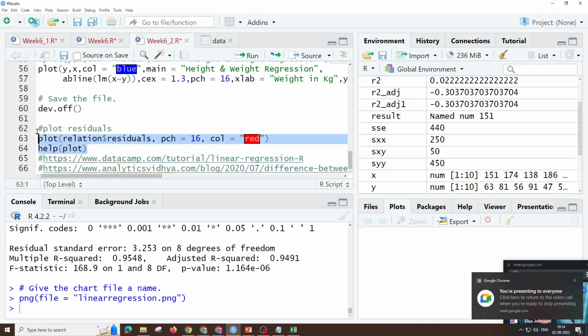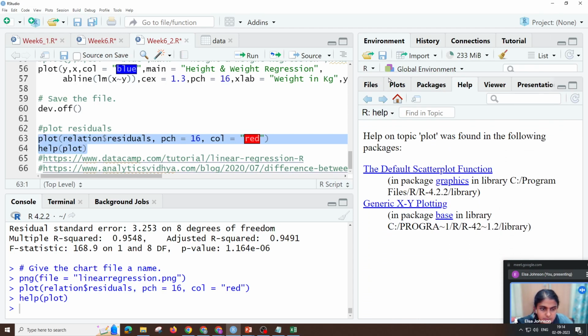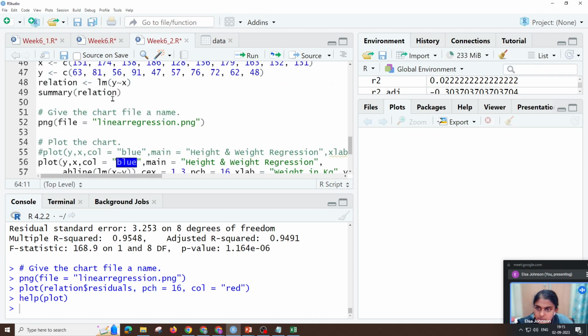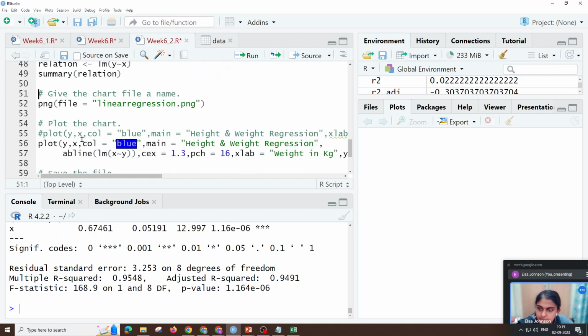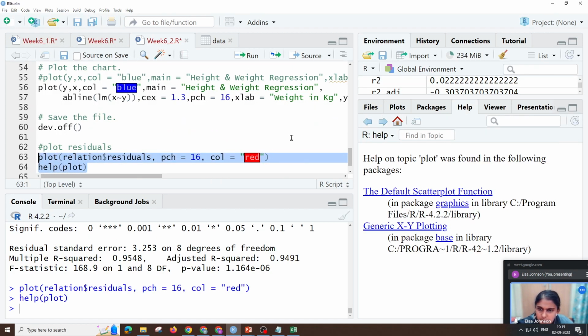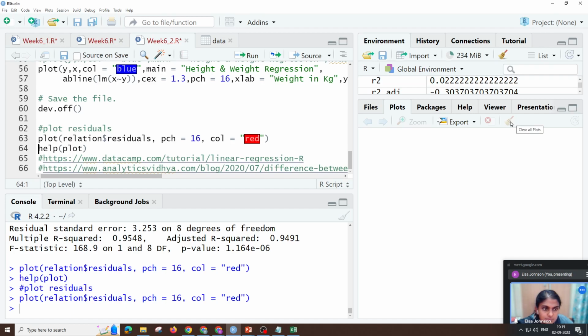If I run this and plot the relation, why is this not plotting?